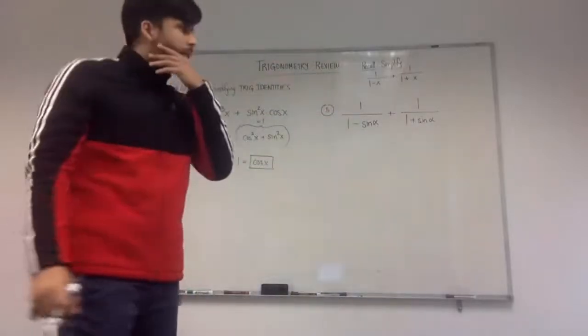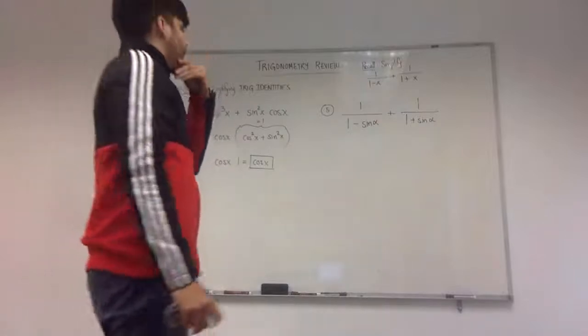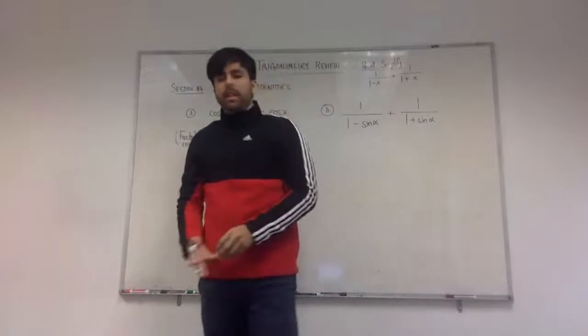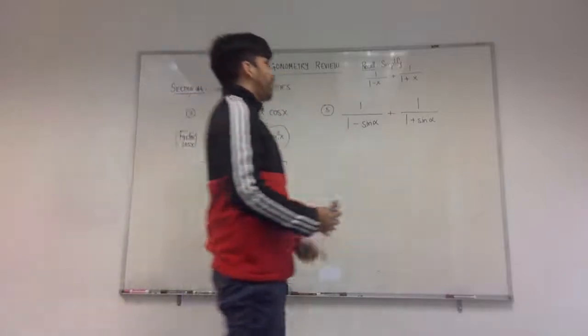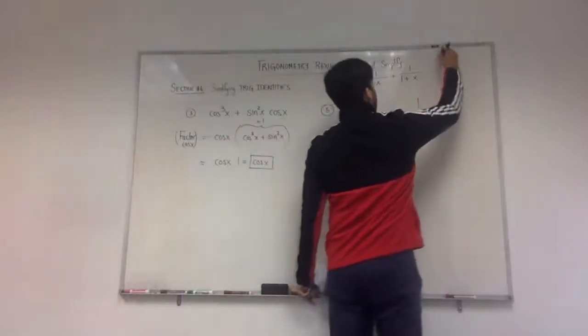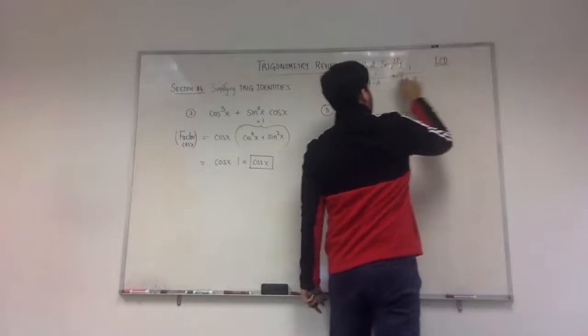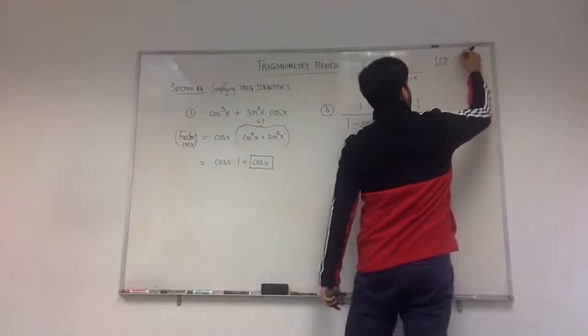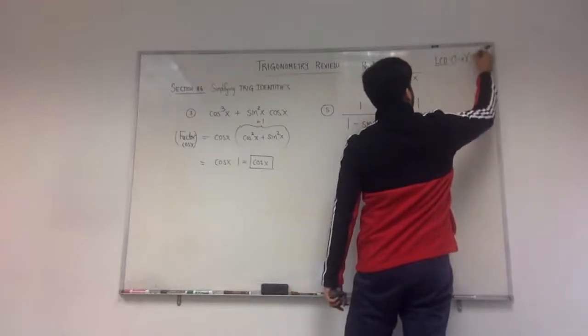So I want to simplify this. Now remember, when we add fractions, we need to have the same denominator. So here I want to figure out what's my LCD. And looking at the denominators, my LCD, the least common denominator, is 1 minus x times 1 plus x.